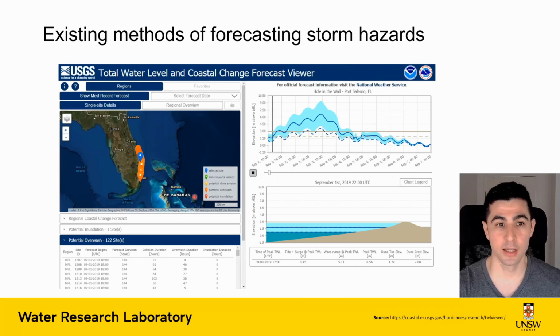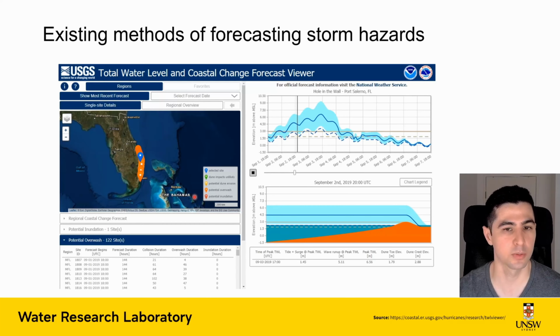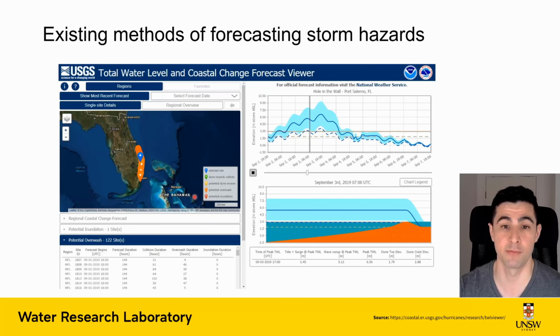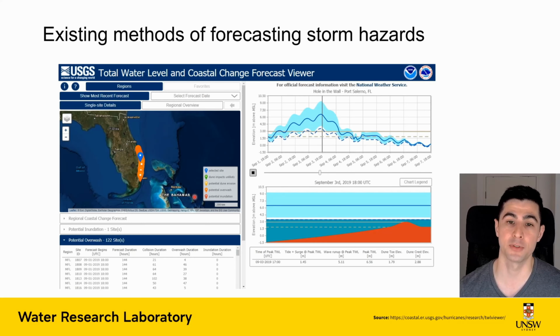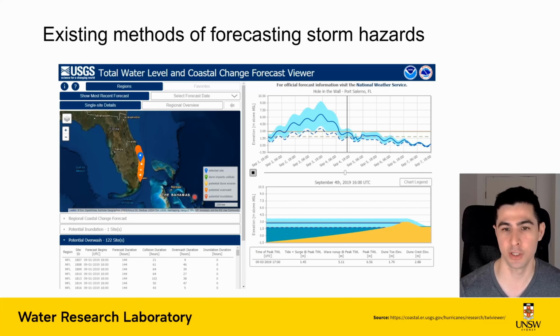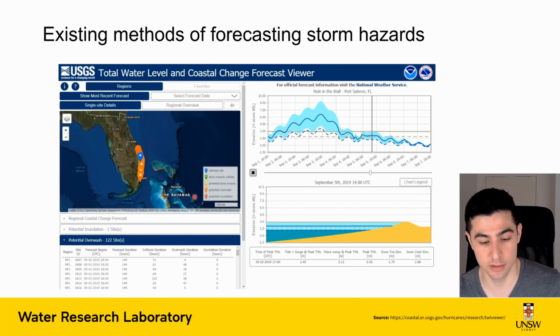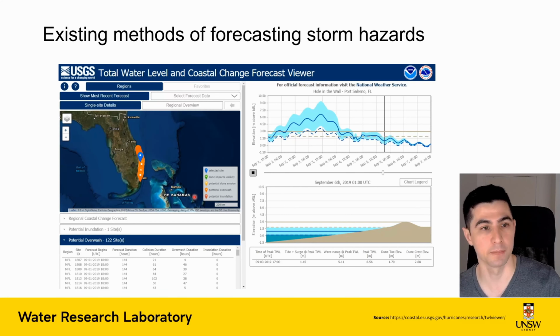And they're looking at more sophisticated products. So this is an experimental product, which actually shows you the time varying water elevations. So you can actually identify at which times you are going to be in which regimes. And so this is quite good. This is a good place to start if we want to do something like this in Australia.